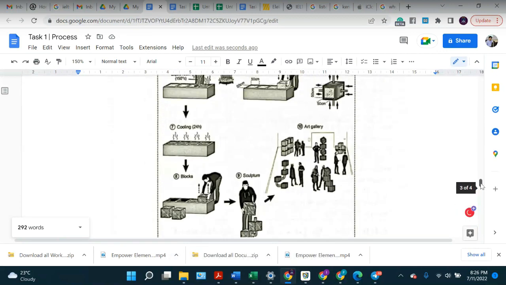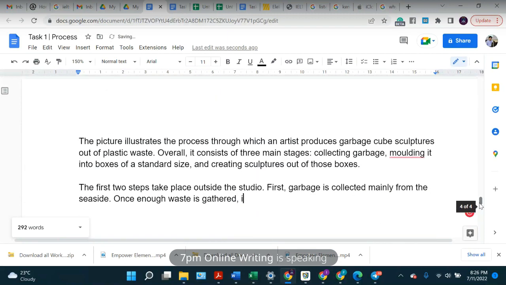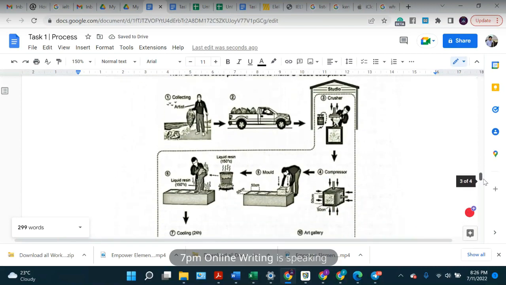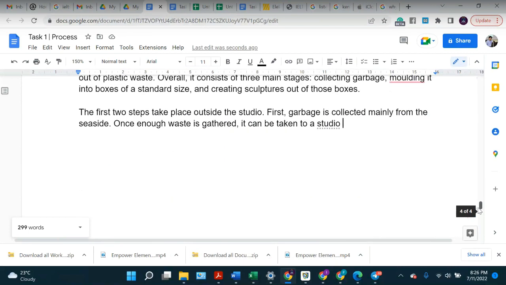No. Gathered. It can be taken to a studio. Can we mention the truck? Yeah. It can be taken in a truck, or to a studio in a truck.